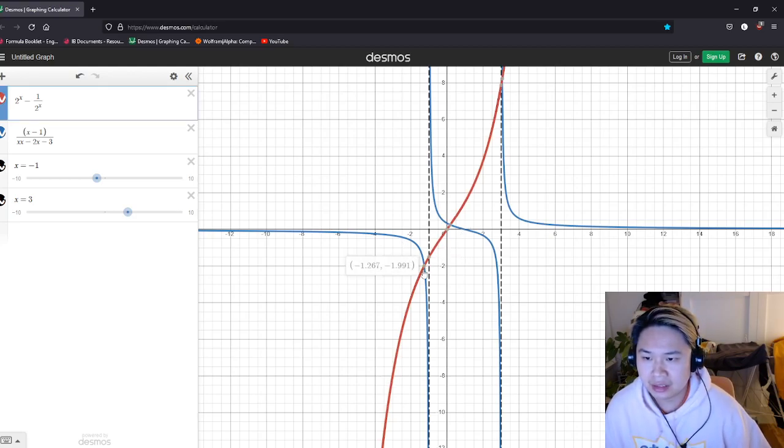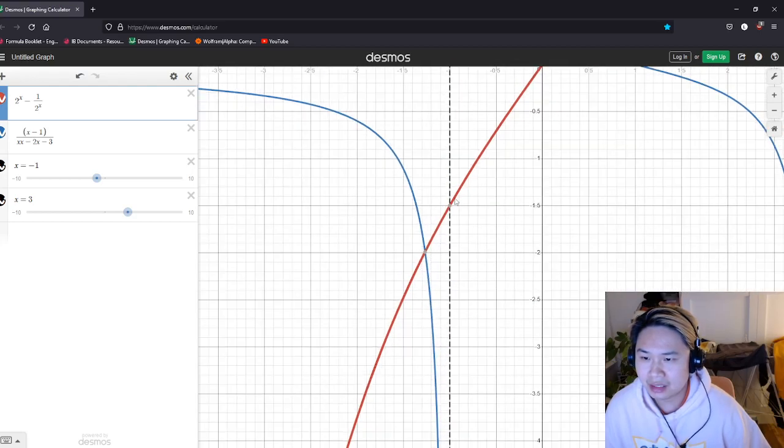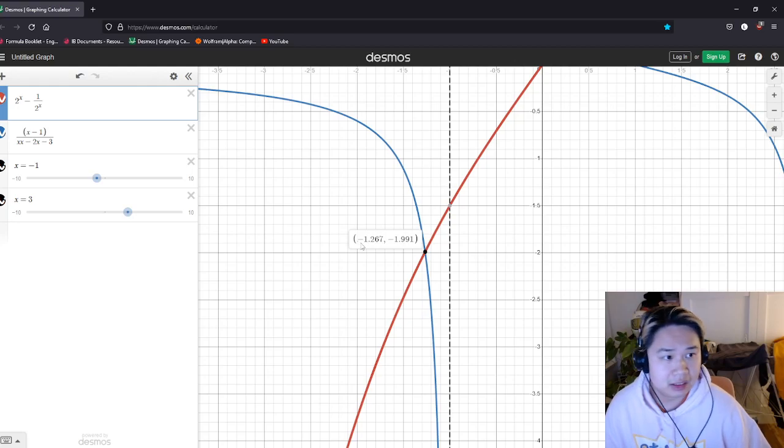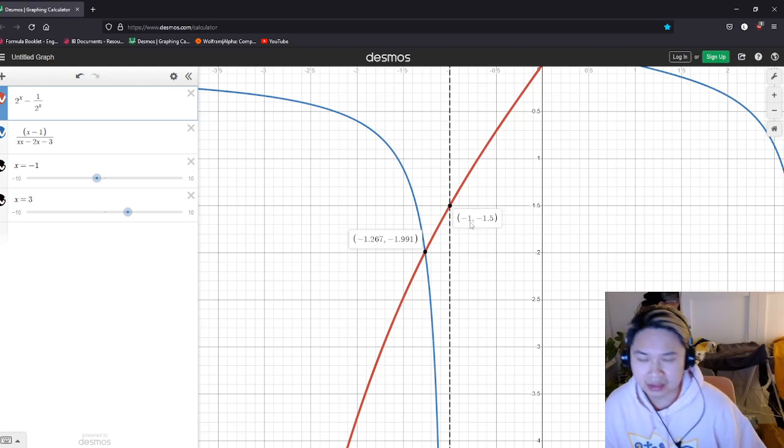So as you can see, there is one section to the left of our first asymptote. So from negative 1.27 to basically negative 1.